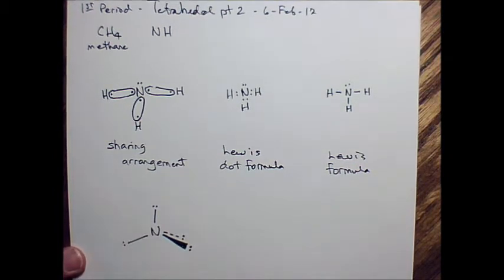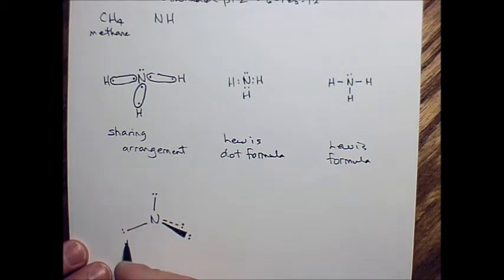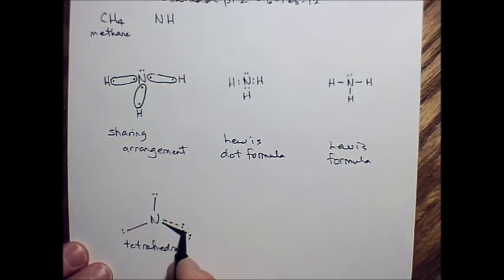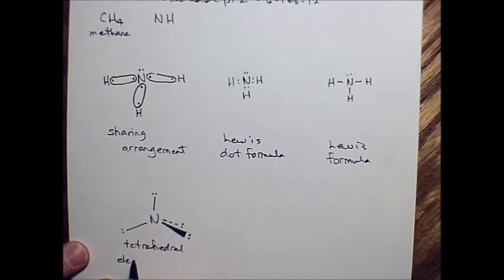Okay? And so that is a tetrahedral, just like before. And since I have nothing but electron pairs around this central atom, this is how you can recognize an electron pair shape. There's nothing but electron sets around the central atom. So this is a tetrahedral electron pair shape.